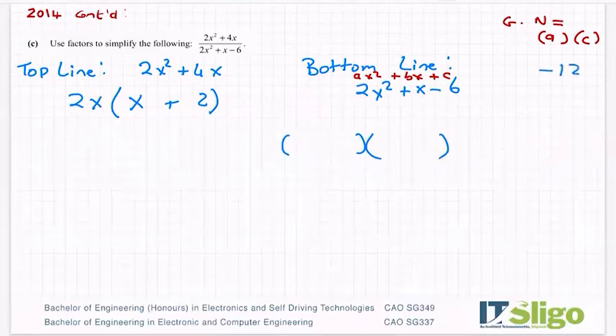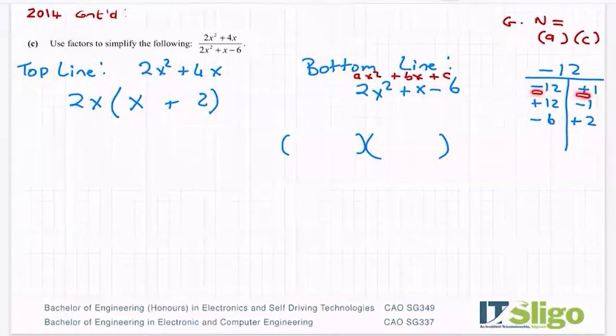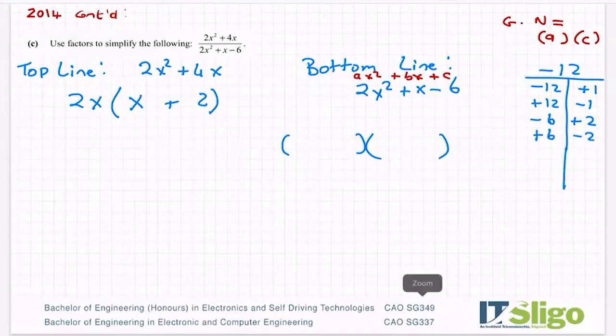So minus 12. So the factors of minus 12. Minus 12 by plus 1, plus 12 by minus 1. Minus 6 by plus 2. And you see, I always do my signs with them. And when it's a minus, the signs must be different. Okay, because plus by minus is a minus. So that's why I'm going minus 6, but I know that plus 6 minus 2, the same pair of numbers with opposite signs, gives me minus 12.